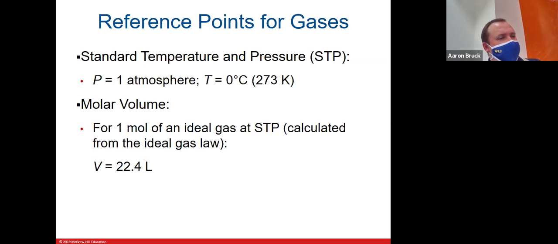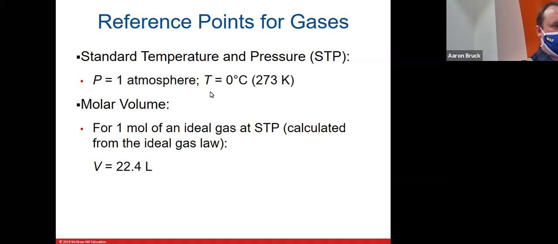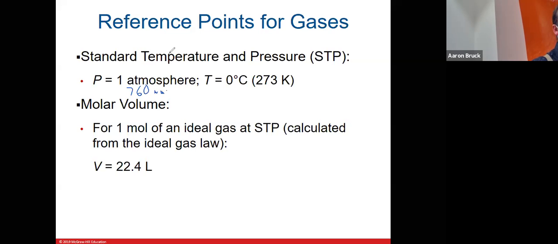Now, 1 atmosphere of pressure, again, using our conversions, we could think of this as 760 millimeters of mercury, or as 760 torr.